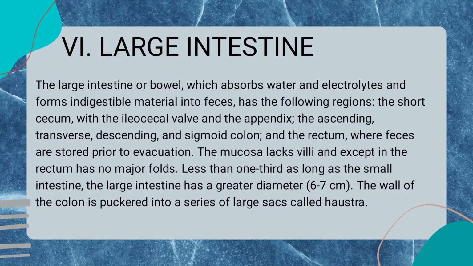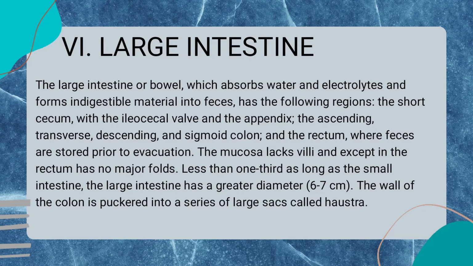Here, we can tell that the large intestine is much shorter than the small intestine, which is 22 feet. It's called the large intestine because it's wider, about 3 inches, while the small intestine is only 1 inch in diameter. The large intestine, unlike the small intestine, does not manufacture digestive enzymes. Before the chyme reaches the large intestine, chemical digestion is accomplished in the small intestine.